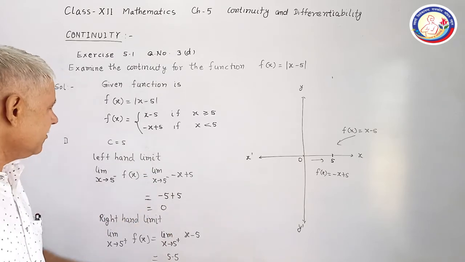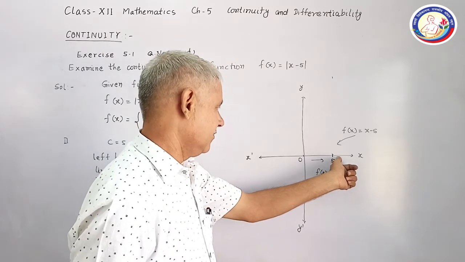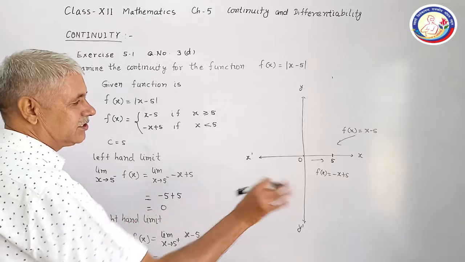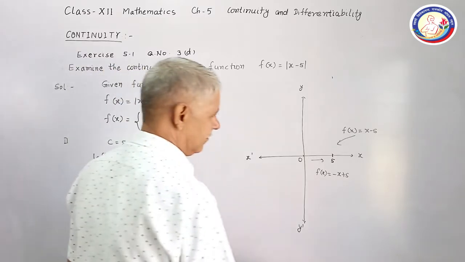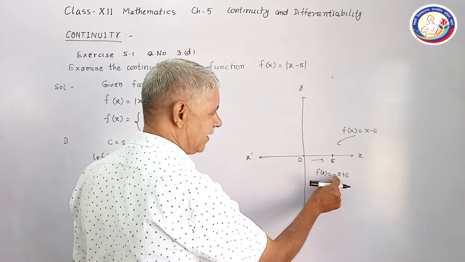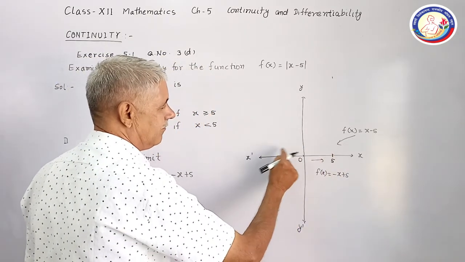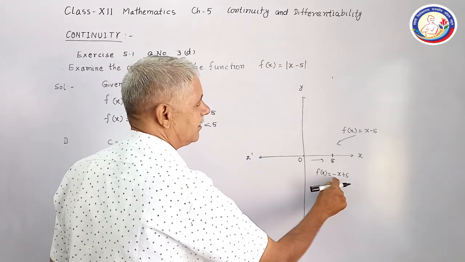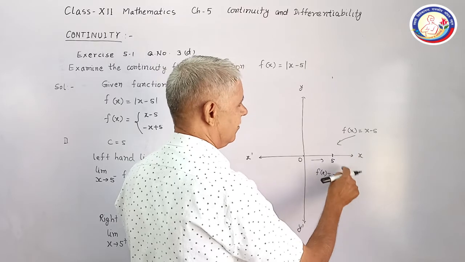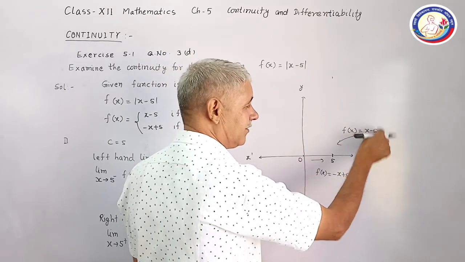Now I am repeating, at a point of transition where the function changes, we will take for the left hand limit the function as minus x plus 5, because for this part the function is defined by minus x plus 5, and for values greater than 5, or at x equal to 5, it is x minus 5.